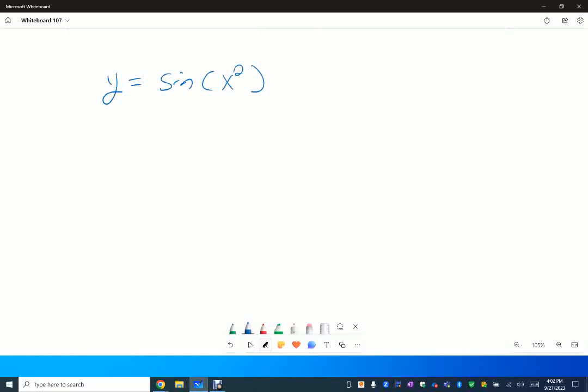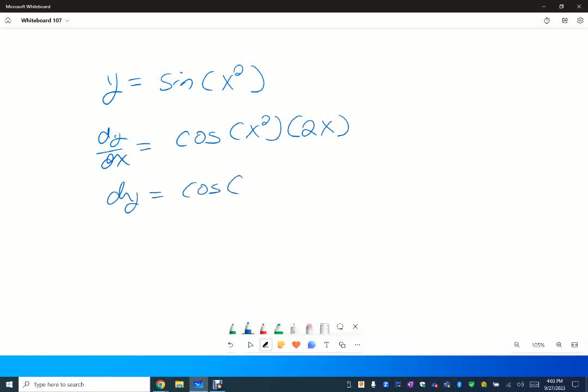I kind of just like to visualize taking the derivative where I end up with dy dx equals the cosine of x squared times 2x using the chain rule. And if I want to find the instantaneous change of y, I simply multiply both sides, and that is my differential of the function y equals sine of x squared.